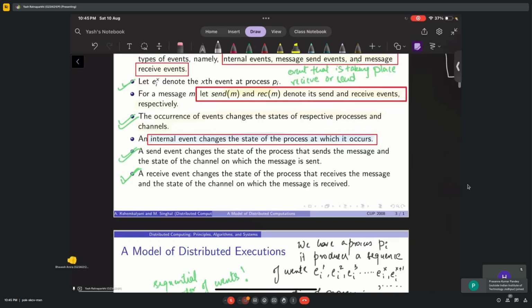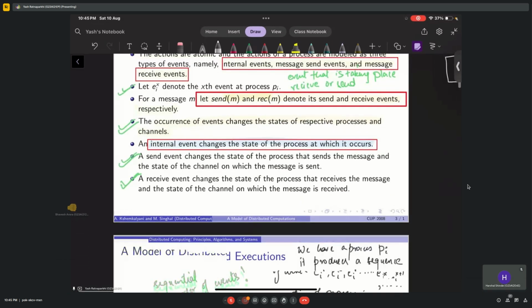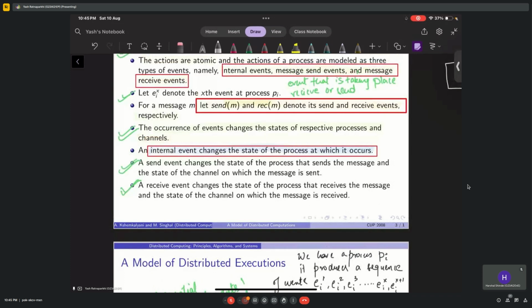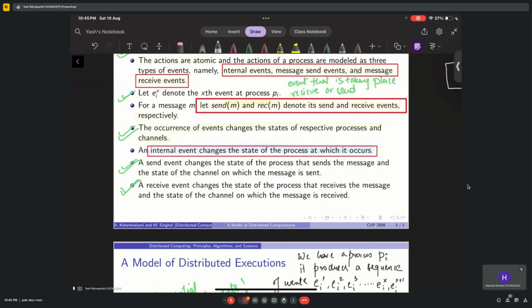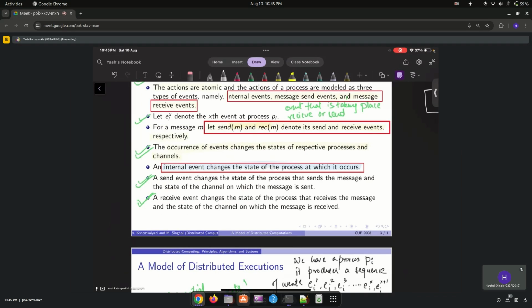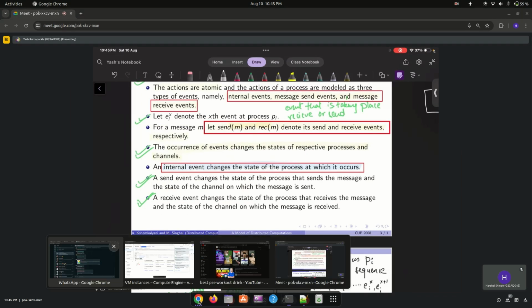So let's go further. It says for a message, let send M and receive M denote its send and receive events. So if I write send Mi, that means from Pi something is to be sent, and receive M means something is received. Next point: the occurrence of an event changes the state of the respective process and channel.